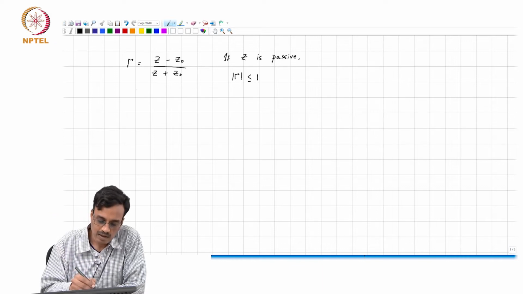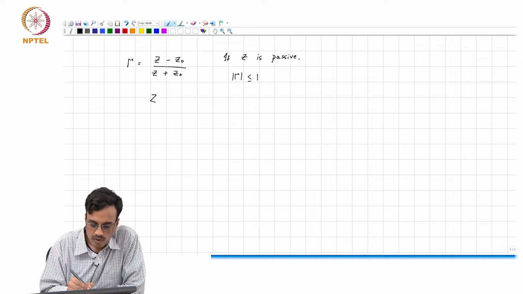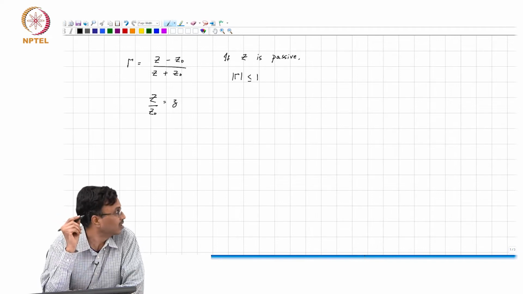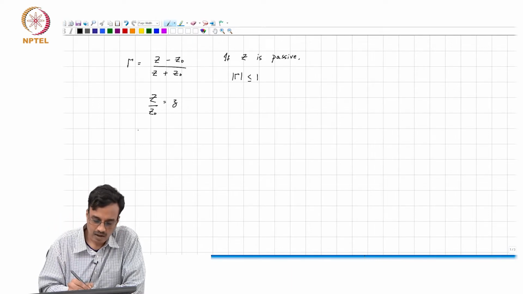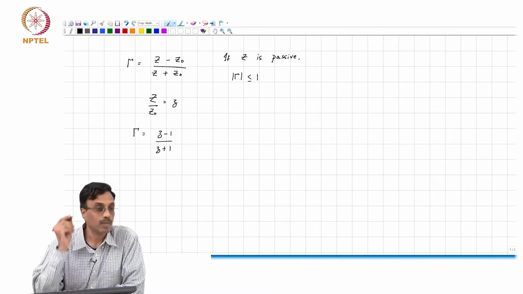And another thing that I would like to point out is the following. If you think of the impedance normalized to the characteristic impedance as small z, then gamma, as you can see, is simply nothing but small z minus 1 by small z plus 1.